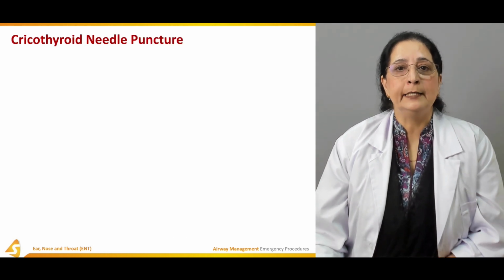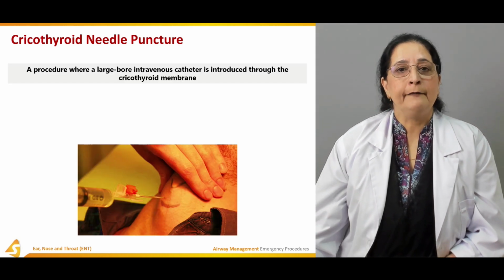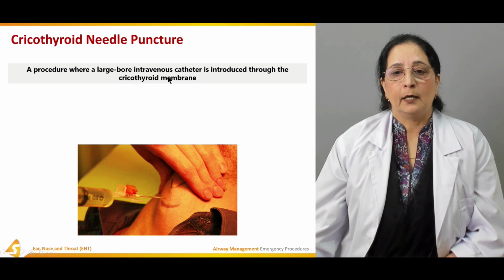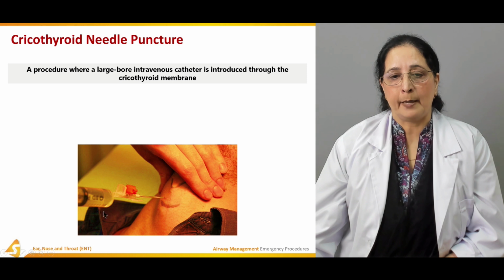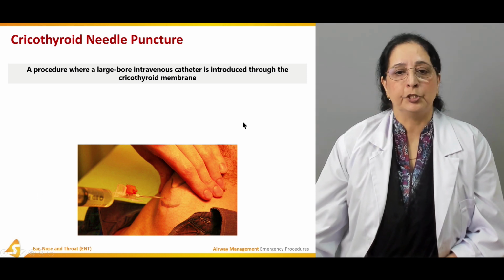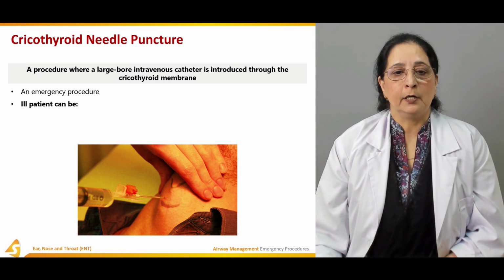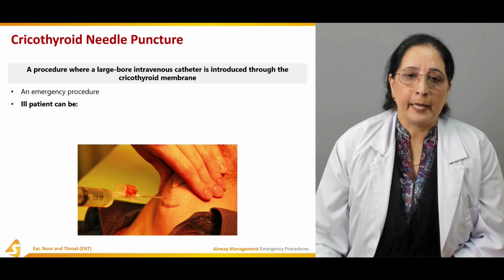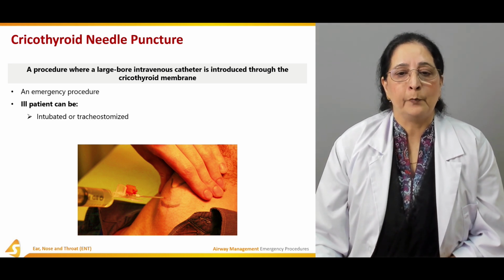Cricothyroid needle puncture, a procedure where a large bore catheter is introduced through the cricothyroid membrane. Here you can see the diagram of the procedure. It's an emergency procedure, where an ill patient can be intubated or tracheostomized.